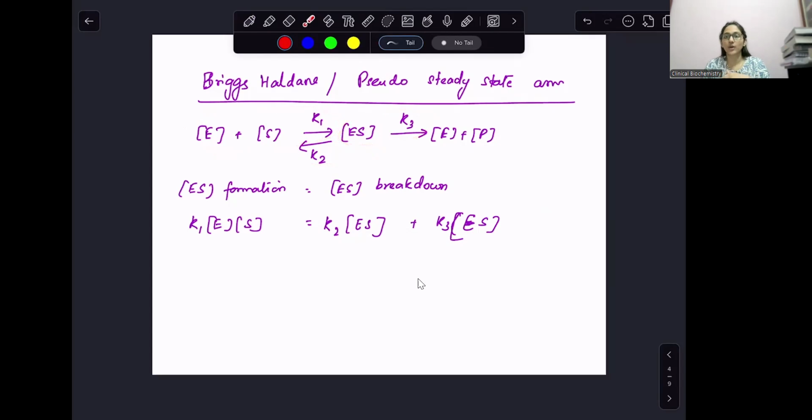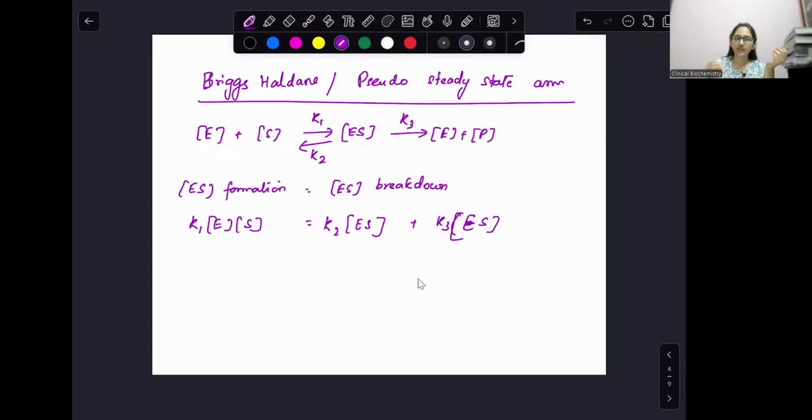Is it clear? This is how you have to break it down. Either the enzyme substrate complex can break down into product and enzyme, or substrate and enzyme. So I include the rate constants K2 and K3 here.